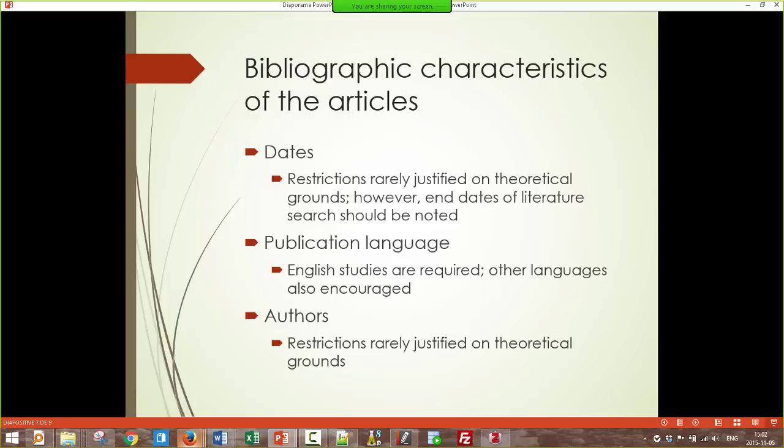That said, I'm not saying at all that you have to write your article in English. I know some people in the class are francophone. It's perfectly fine to write your article in French. But you have to search for literature in English.